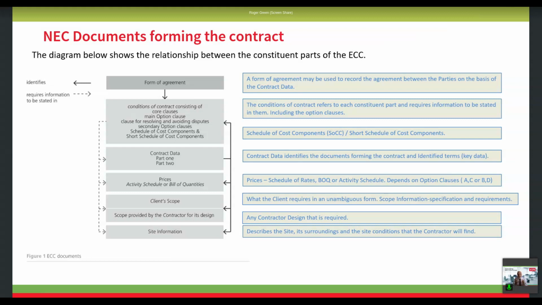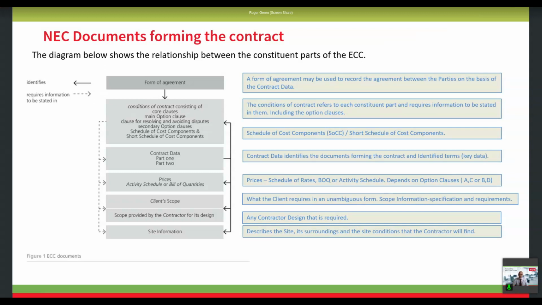So the contract data, well, what's that about? The contract data identifies the documents that are forming the contract and identified terms, so it's key data. So what we're doing here is we're starting to form the essence of the contract. We've then got the conditions of contract, and you can see that they are made up of multiple parts. So we have core clauses, which we'll go into a bit later on.